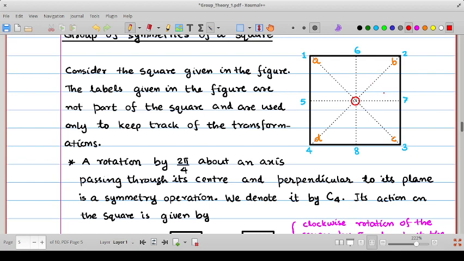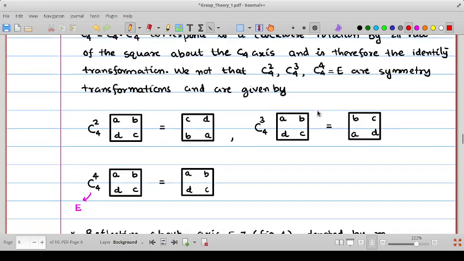And we can do one more rotation, which is a C4 followed by a C4 followed by another C4, which is equal to a rotation about this axis by 3 pi by 2 radians. To see that, we consider that C4 two times acting on the square is like this. It's a rotation by 2 pi by 2, so a rotation by pi.